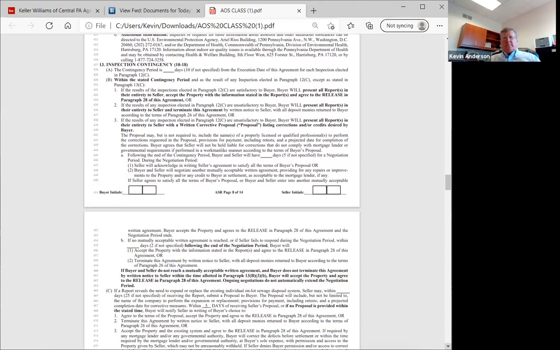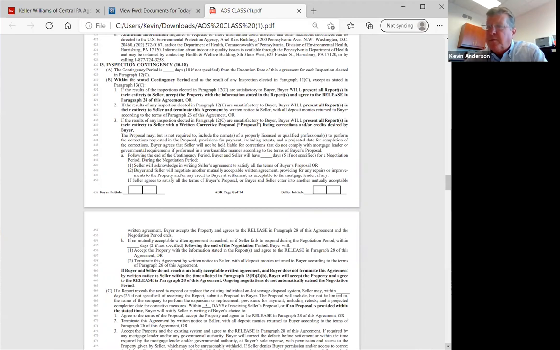Now, the inspection contingency period is 10 days from the execution date of the agreement of sale. Know that the definition of the execution date for purposes of any timeline is not the date it's executed, it's the following day. I ignore that because that gives me 1 day of cushion.